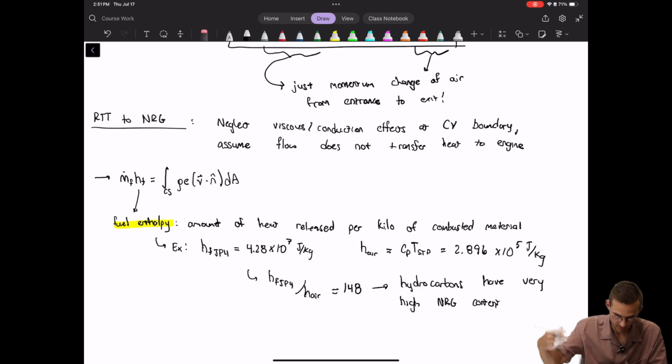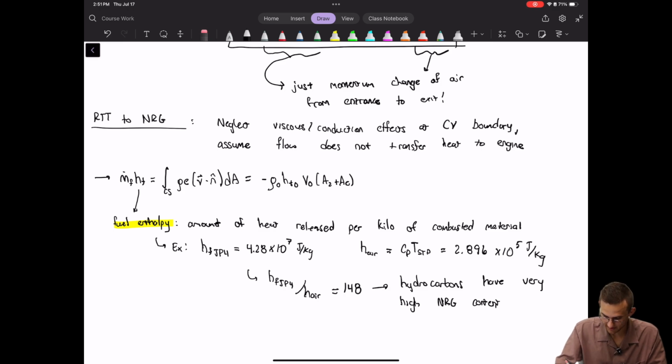And then if we actually calculate this integral, on the left-hand side we have the enthalpy of the air entering times the mass flow rate of the air entering. So we have rho naught times ht naught, the total enthalpy, the stagnation enthalpy entering, v naught times A2 plus AE. Then we have the stagnation enthalpy exiting, the total energy content leaving, rho E HTE VE AE.